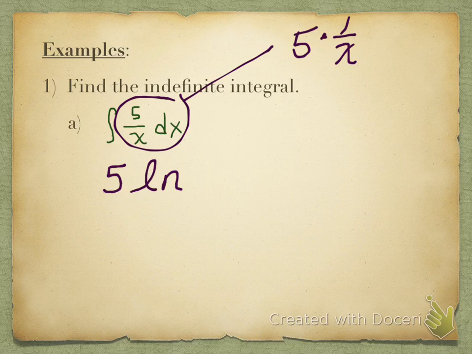That's this constant rule right here. The constant doesn't get involved with the antiderivative. It's just multiplied by it, just like it was multiplied by the original function. And then it isn't just ln x, it's ln of the absolute value of x. Just make sure those absolute value signs are there. And then we need plus c.